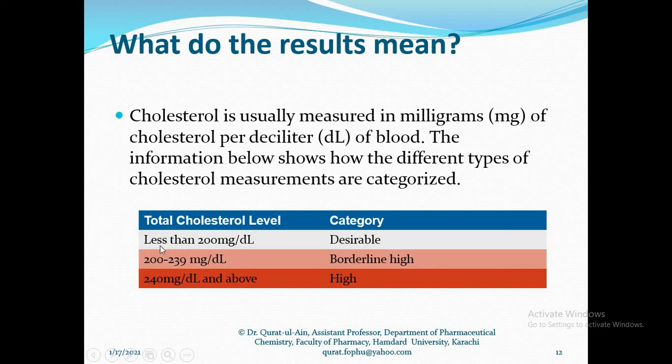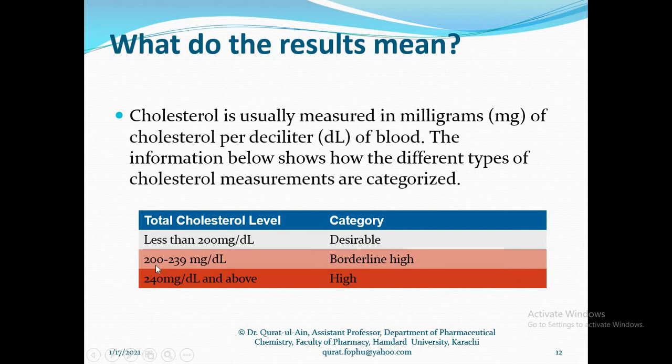If a person has a cholesterol level that is less than 200 milligram per deciliter, it is an okay or desirable concentration. It means the person is not at any risk of heart disease or stroke.